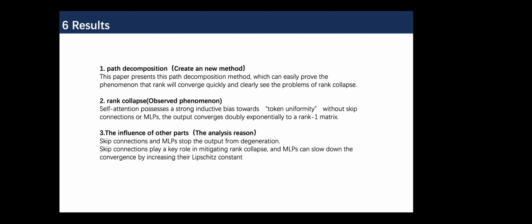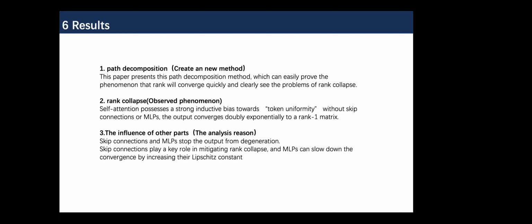It's the same thing. And the third part is the influence of the other parts, and also correlation analysis of the reasons. And it shows that skip connections and MLPs stop the output from degeneration.